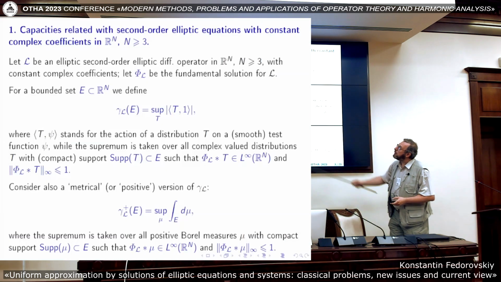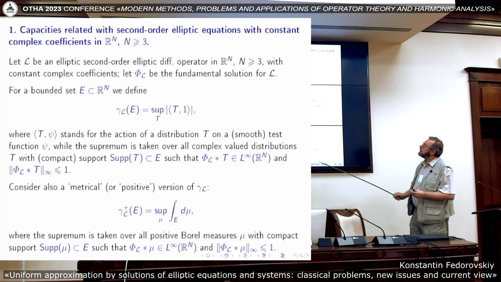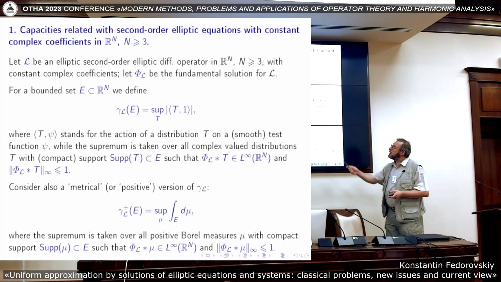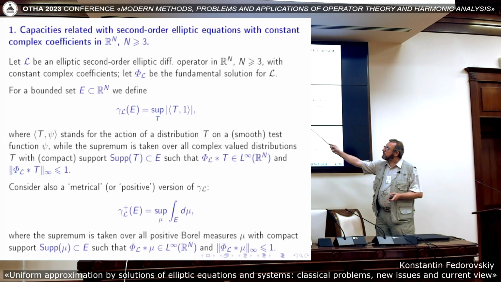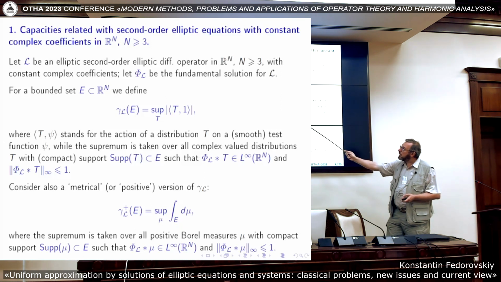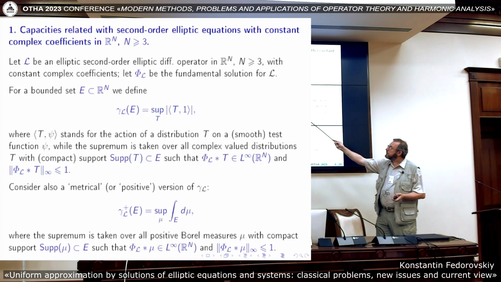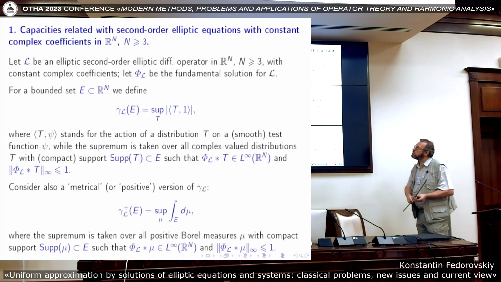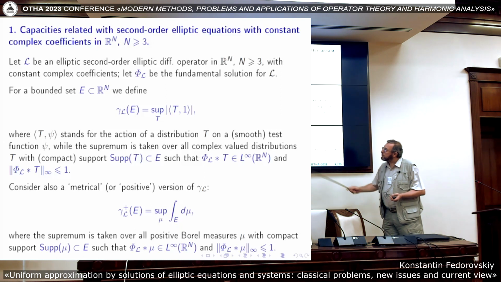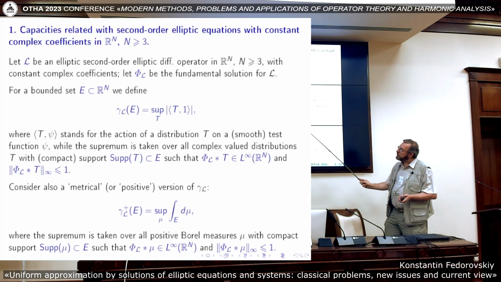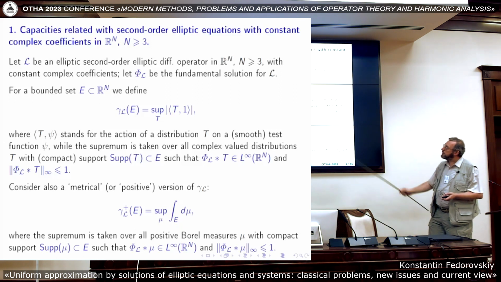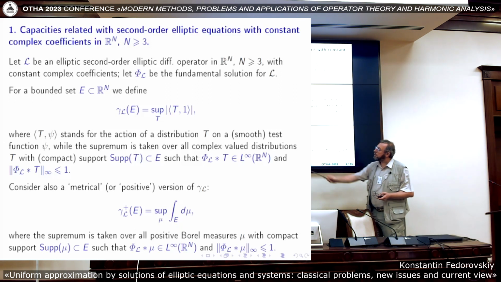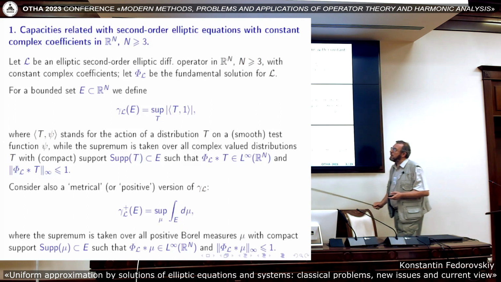We have L, our elliptic operator, second order, with constant complex coefficients. Phi_L is a fundamental solution, and for some bounded set E in R^n, we define this capacity gamma_L. Here these brackets mean the standard action of a distribution on a smooth test function, and we take a supremum over all complex valued distributions with compact support on E, such that the convolution of our fundamental solution with this distribution is just an L-infinity function, and whose infinity norm is less than 1.